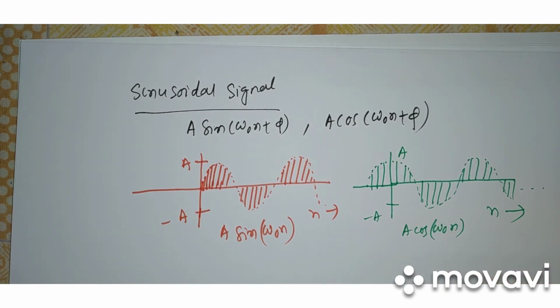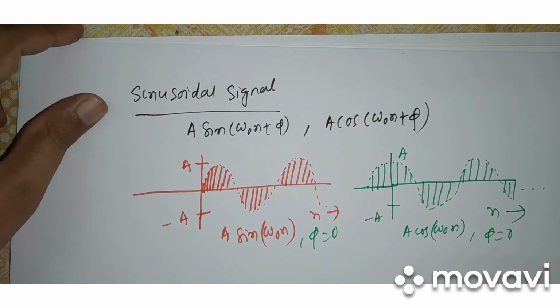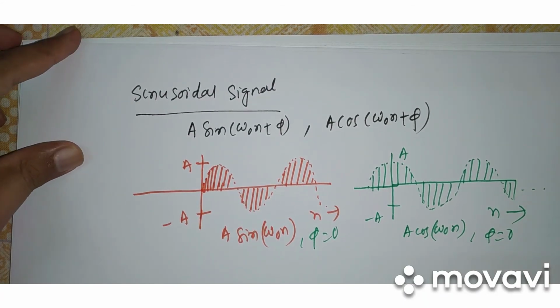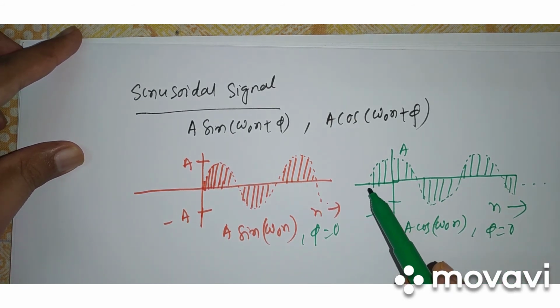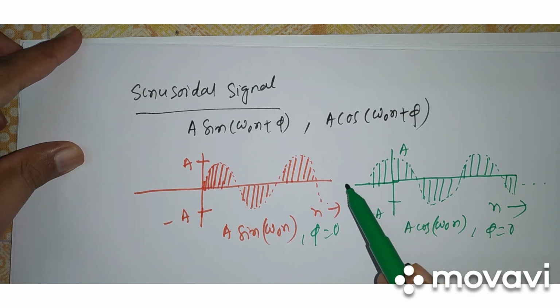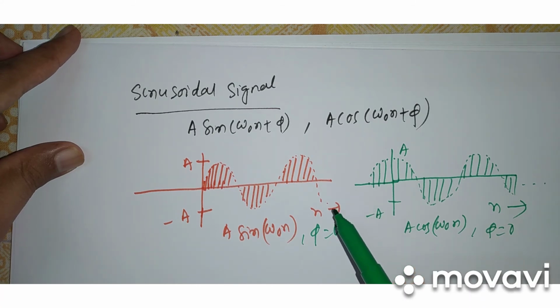Now here phi is 0, in both cases I have taken phi equals 0. If you take some phi value, then what will happen? It will shift to the left hand side. Instead of starting from here, it will shift to the left hand side. Clear? It's easy, not difficult to plot.